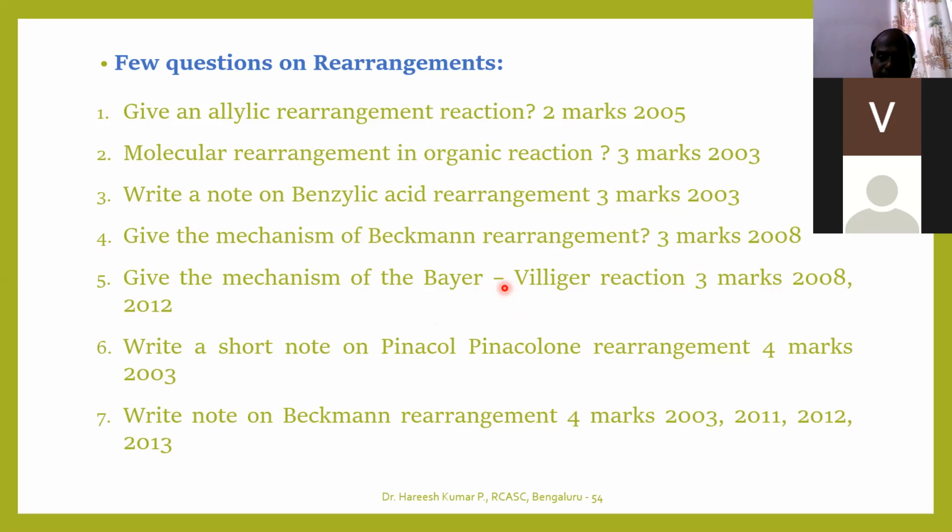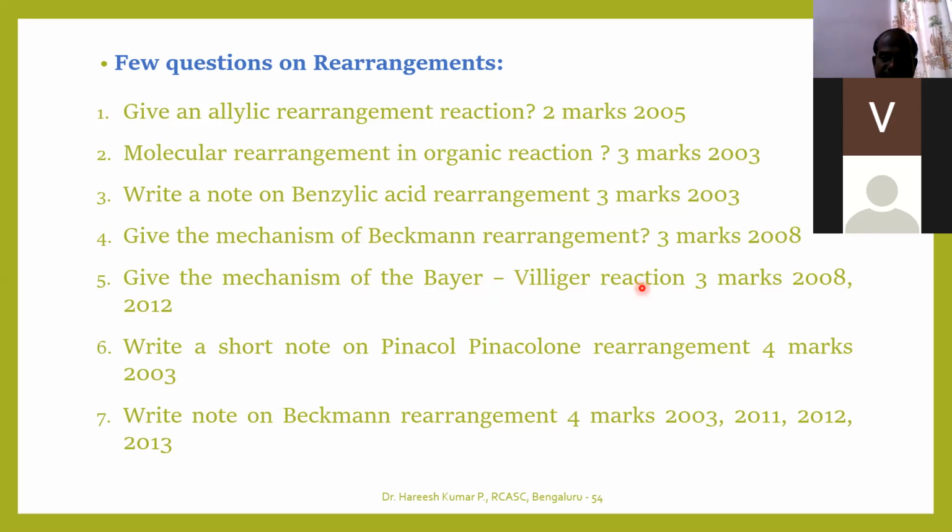How the peracid will attack the protonated ketone, how the intermediate obtained will undergo rearrangement, and how the byproduct carboxylate is released, those things you need to write in the Baeyer-Villiger oxidation.